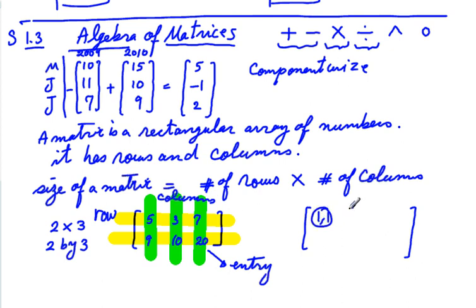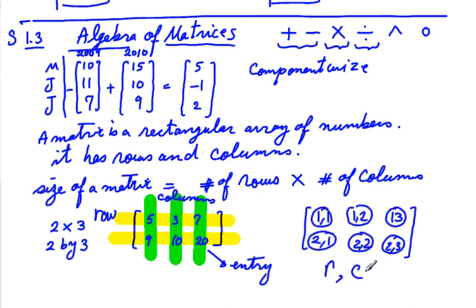This is row 1, column 2, row 1, column 3, row 2, column 1, row 2, column 2, row 2, column 3. So essentially, keep in mind that we say row first and then column next. Same style as here, where we mentioned how many rows we got by how many columns we got.